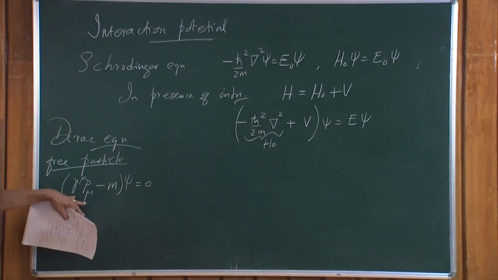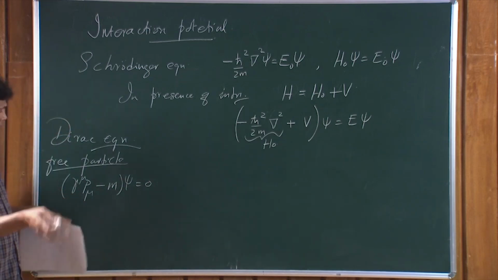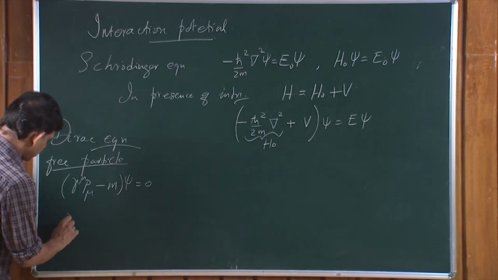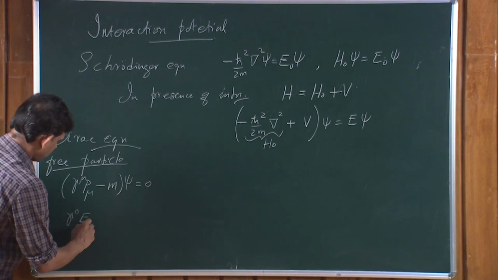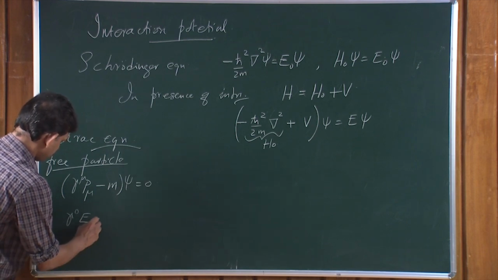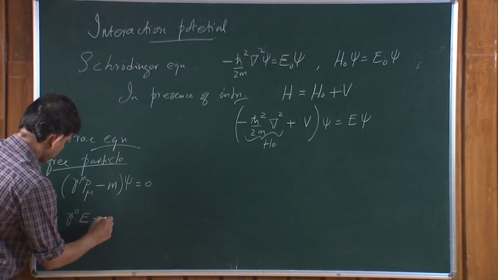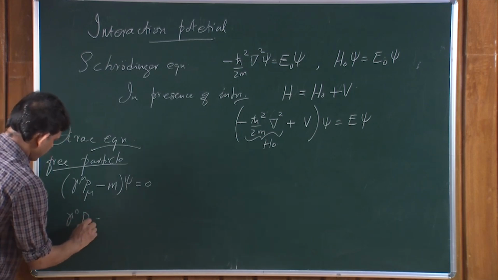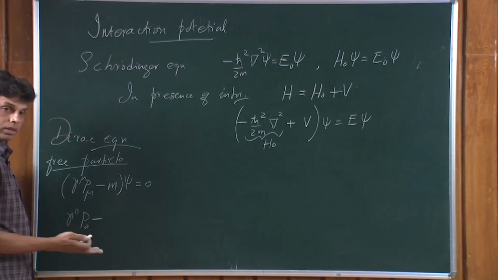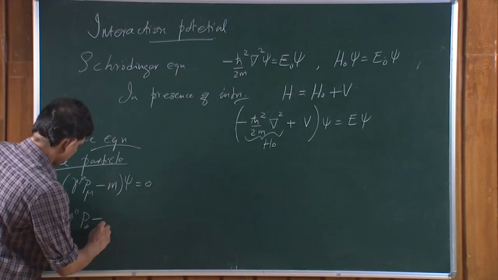Let me split this into the energy term and the momentum term. So, that is gamma 0 P 0, where P 0 is essentially the energy, the 0th component.